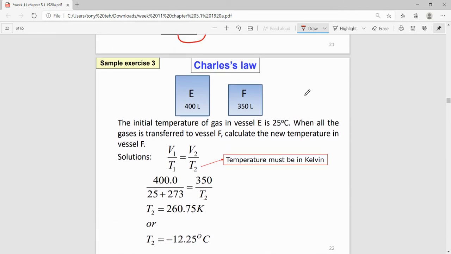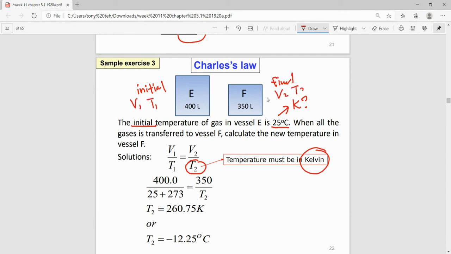Now for Charles' law, you have to be extra careful because the temperature must be converted into Kelvin. In the question, 25 degrees Celsius is given, so you must change it to Kelvin. Same thing again for Charles' law: E is the initial and F would be the final, or we label them V1, T1, V2, T2.